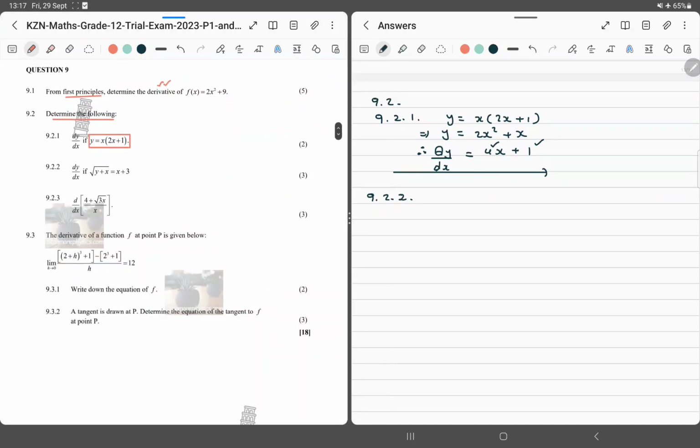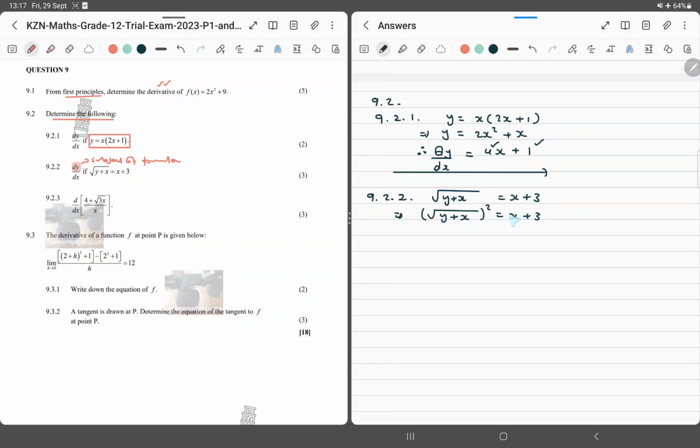9.2.2. Let's move, folks. So we're given, again, we need to sort out here. We've been given square root of y plus x is equal to x plus 3. We cannot do dy over dx, but already this tells you that you've got to make y the subject of the formula. So we reproduce this, and then we've got root of y plus x equals x plus 3.